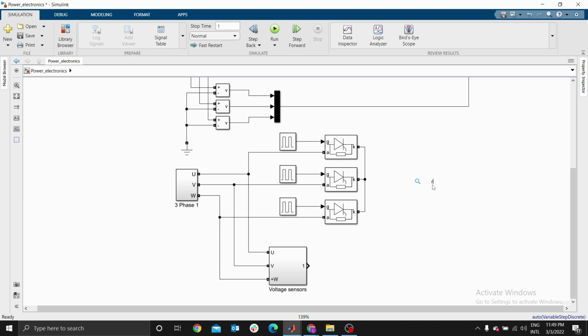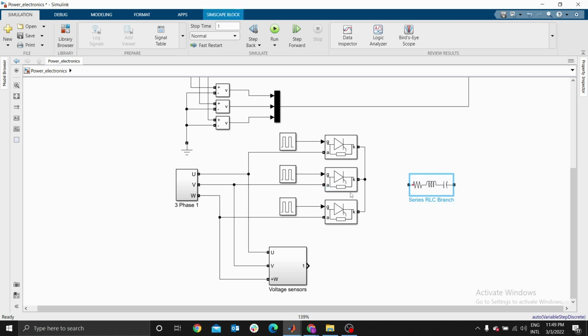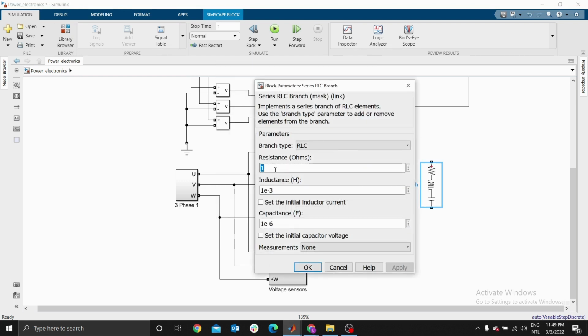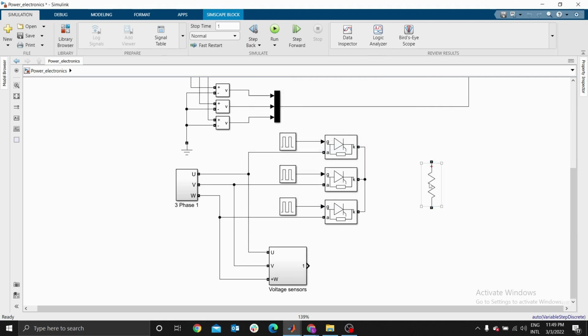Then we need load first, in the branch here. This side you put a ground.